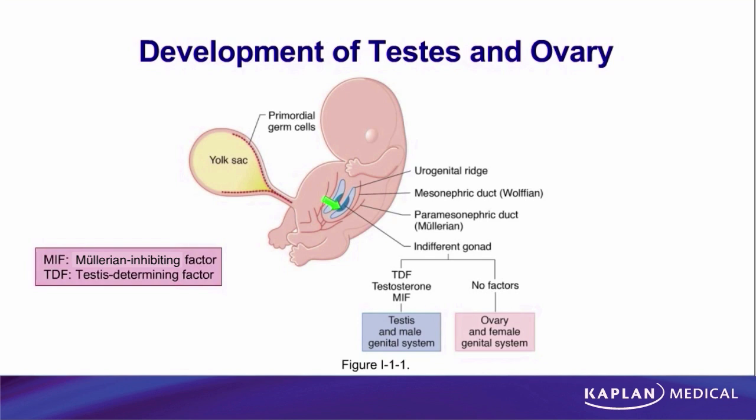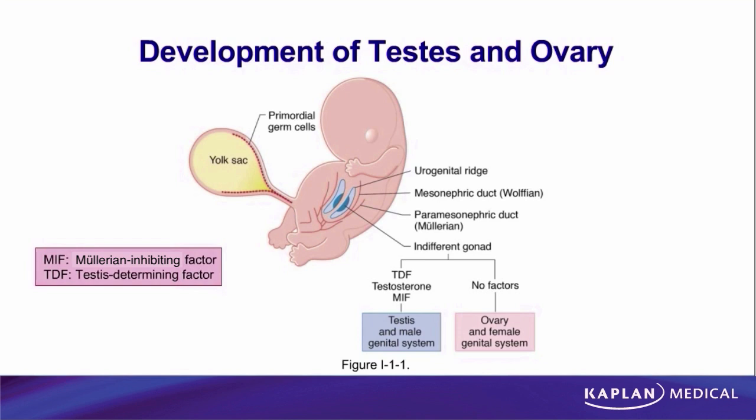Now, we know that the gender or the sex of the embryo is going to be determined at the time of fertilization. And if this fertilized embryo is an XX embryo, in other words, if it's fertilized by a sperm that has an X chromosome, then this will be female. And if it's an XY embryo, in other words, if it's fertilized by a sperm that contains a Y chromosome, then this would be male.